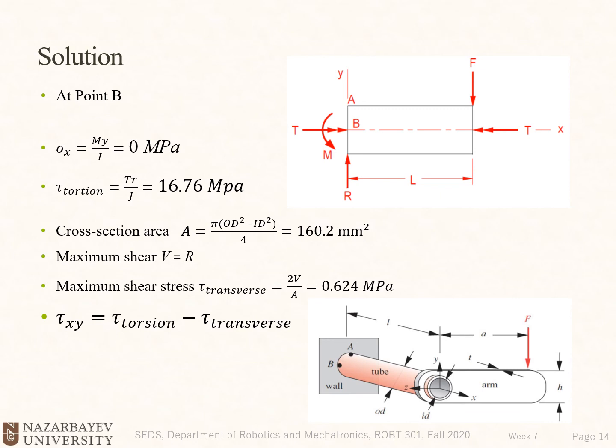So follow the same methodology to find the principal stresses on both point A and B and see which point is more vulnerable to failure, okay? So we are done with the examples, and from the next slide, we'll move to another topic.